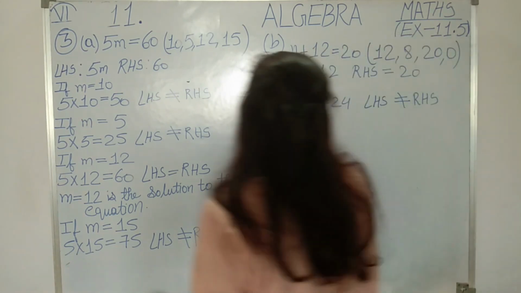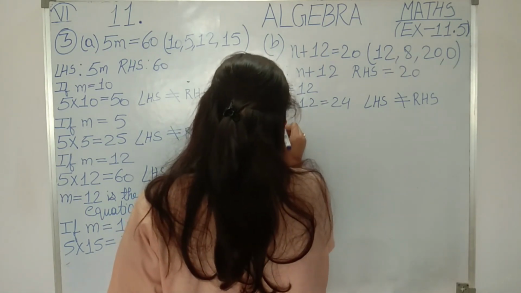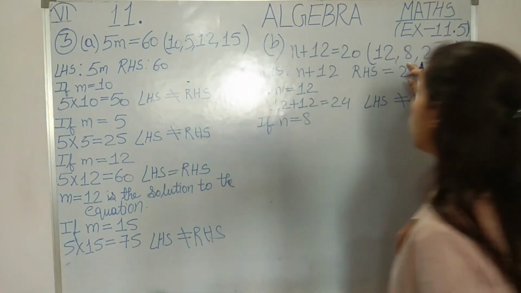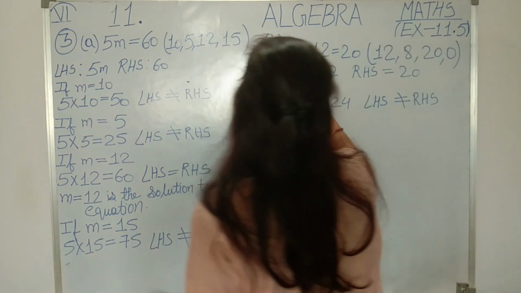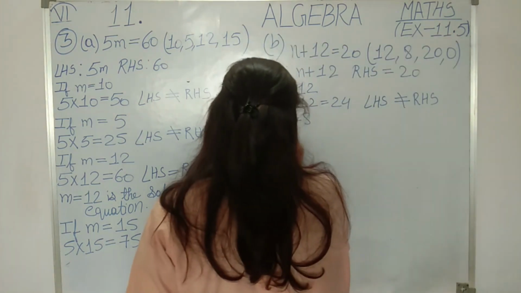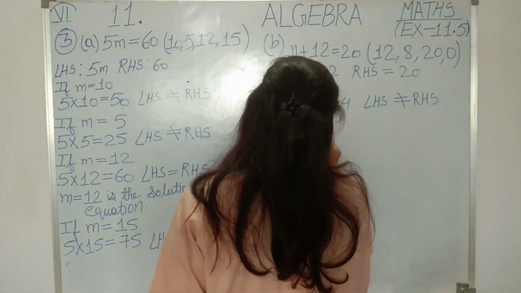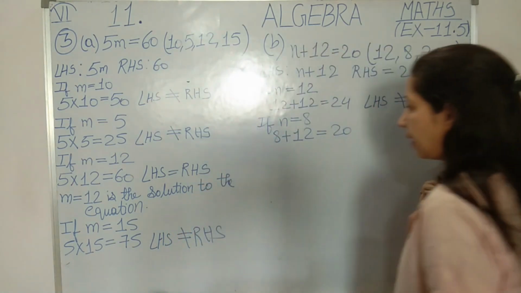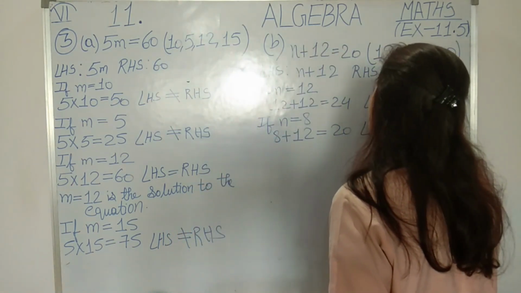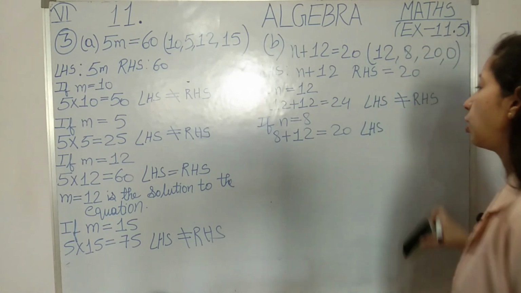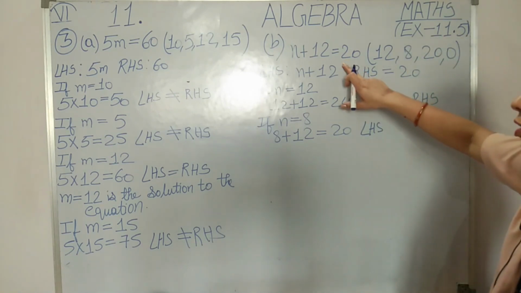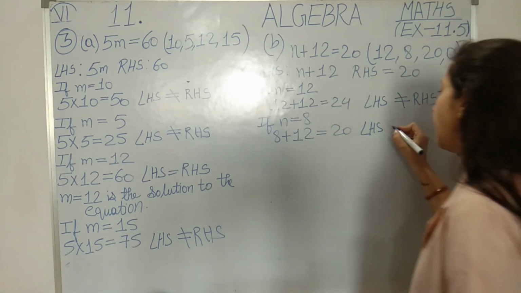Okay. In the same manner, let us take the next value of n, which is given equal to 8. So students, now n plus 12 means 8 plus 12. 8 plus 12 will give us 20, isn't it? Which is equal to RHS. Now RHS was 20. So here 8 plus 12 again is 20.